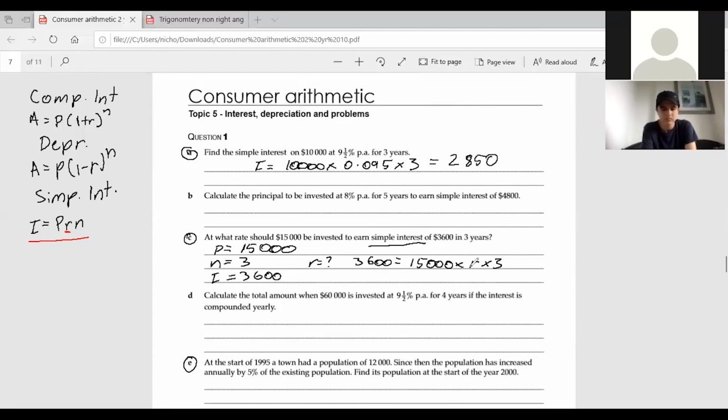Another way of writing this is 15,000 times 3 times R. So we can divide both of them together rather than dividing the 15,000 and then the 3. That gives us 3,600 over 15,000 times 3. Does that make sense? Yep.